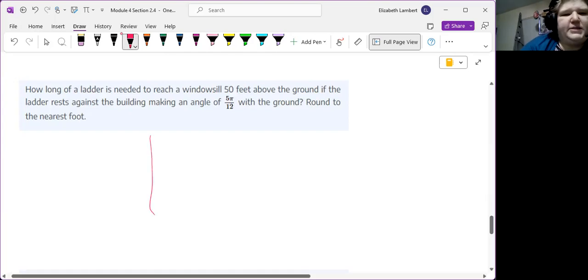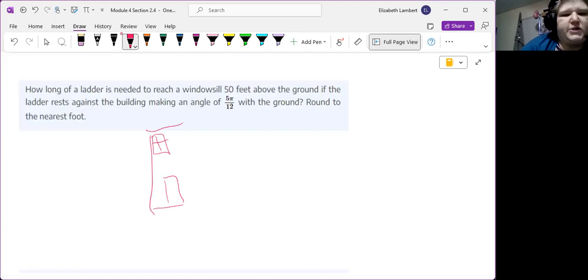All right, so here's our building. There's our window. There's our ground. There's our ladder.